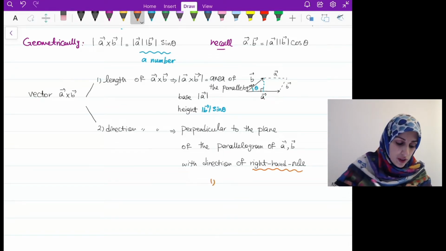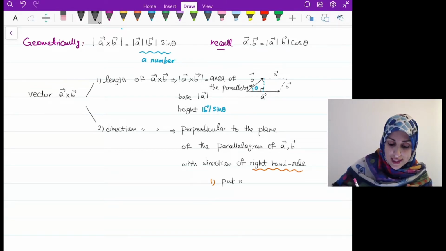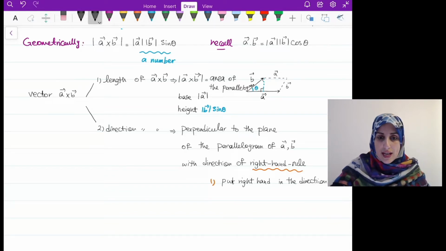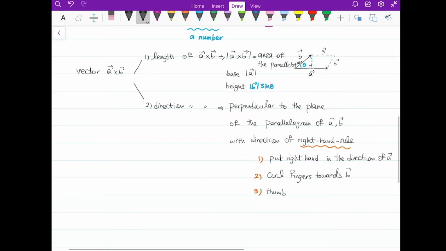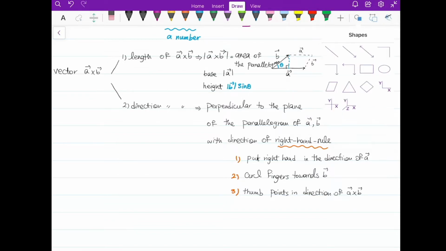We're gonna put your right hand in the direction of A. Then we're gonna curl fingers towards B, then your thumb points in direction of A cross B.